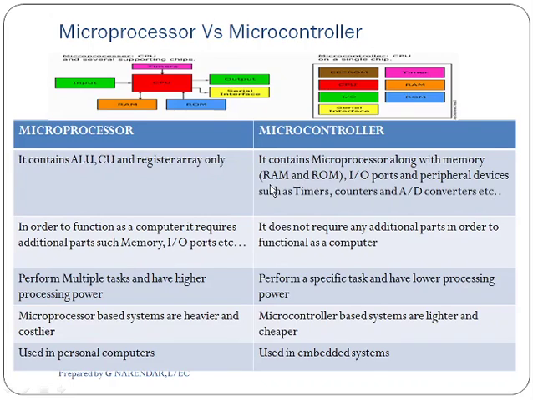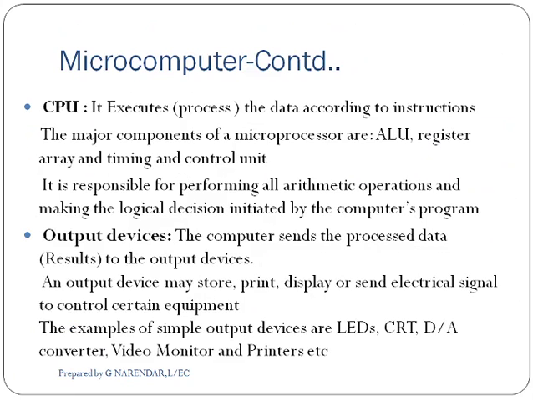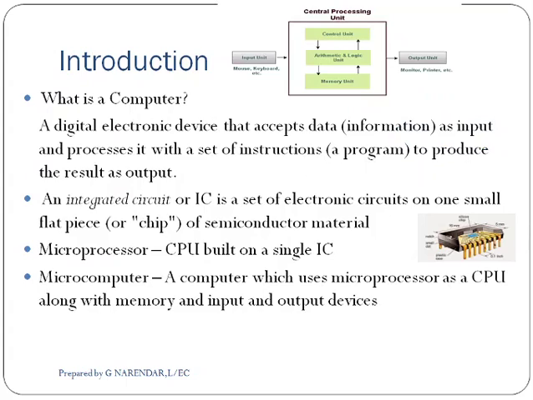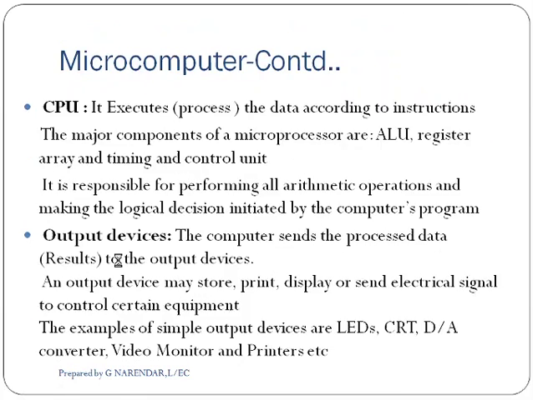Next we'll see the differences between a microprocessor and a microcontroller. I told you what a microprocessor is and what a microcontroller is. In the first slide I said that the microprocessor is a CPU built on a single IC. Instead of all these different circuits, the CPU itself built on a single IC is called a microprocessor.